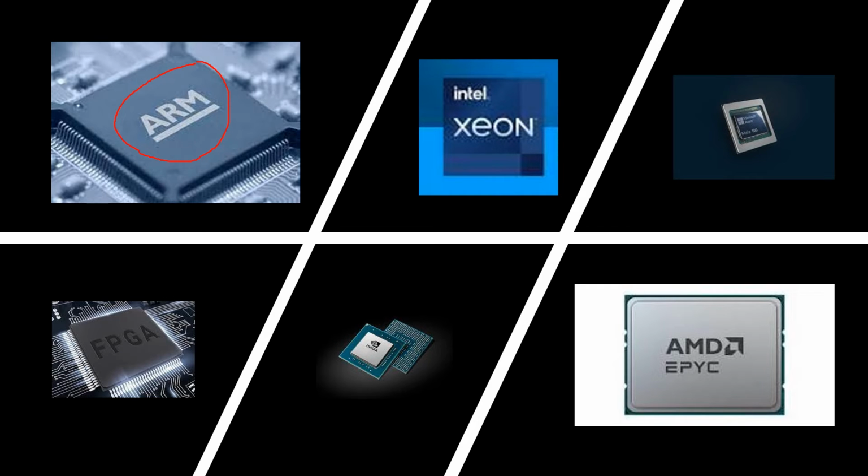ARM-based architecture, in addition to the traditional x86 architecture, Azure supports ARM-based processors such as from Qualcomm and other vendors. ARM-based VM instances are optimized for specific workloads, including IoT, edge computing, and microservices, offering power-efficient computing solutions. Another type of processor is FPGA, which stands for Field Programmable Gate Array.